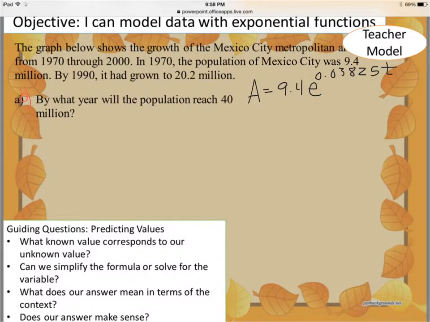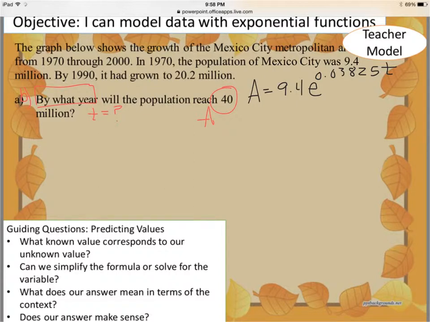Okay, so they want to know what year. So we're going to be solving for t. That's the one that we don't know that they're asking for. But they do give us a little bit of information. They want to know when the population will reach 40 million. So that's going to be our a value here that we plug into our equation.